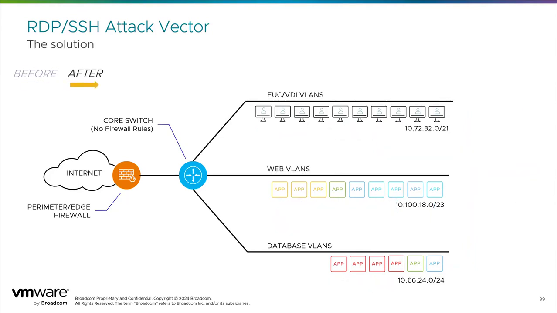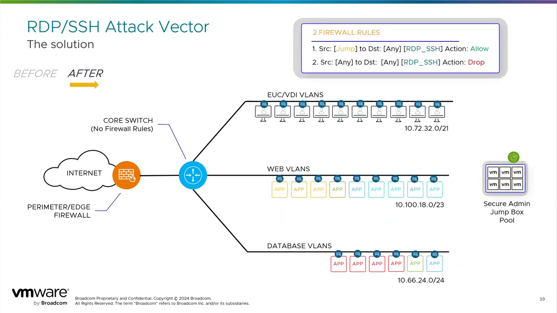So when we put the IDPS in place, what we're saying is, okay, let's take, for example, you'll have secure admin jump boxes. What we're going to do is put a firewall in front of every single VDI, web server, database server, everything. We're going to say you can go from a jump server to anything on RDP and SSH. Anything else via RDP and SSH, disallow.